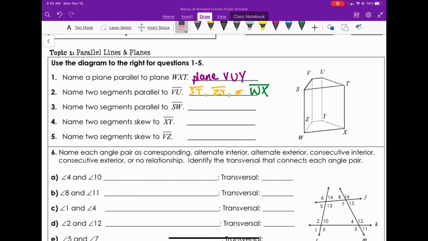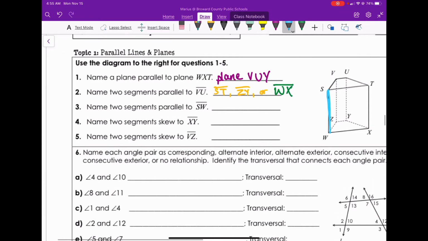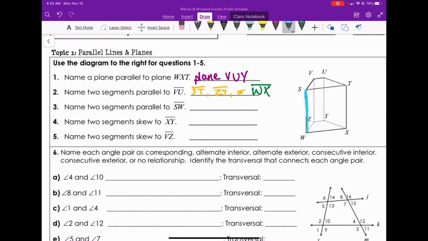Number 3. Number 3 says name 2 segments parallel to SW. Now remember, parallel lines have to be going the same direction. They never intersect. So that's why I highlight which direction. Like for example, SW is a vertical line. So any other vertical line in this diagram would also be parallel to SW.